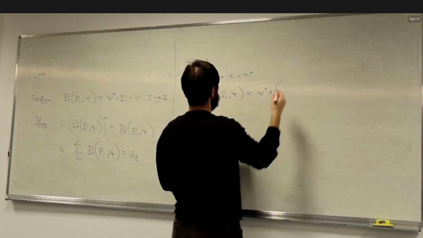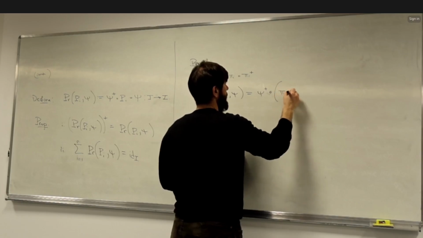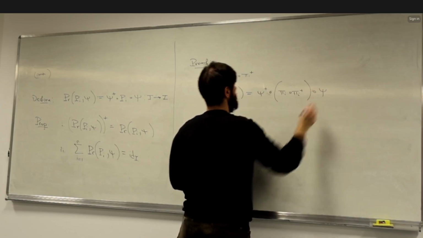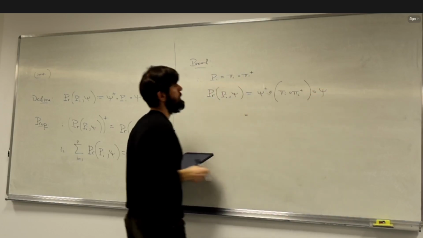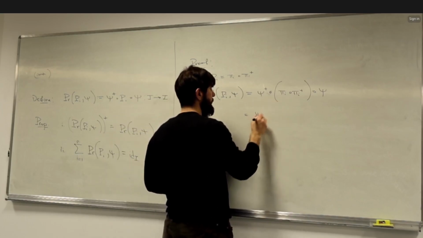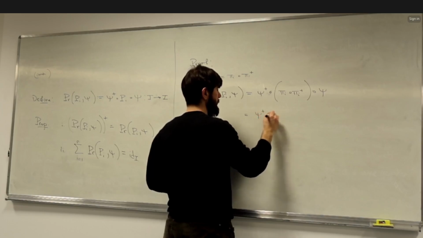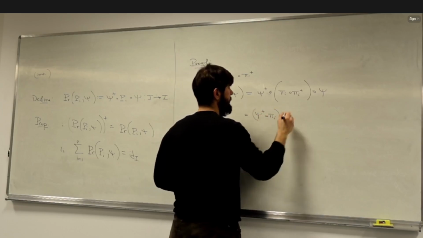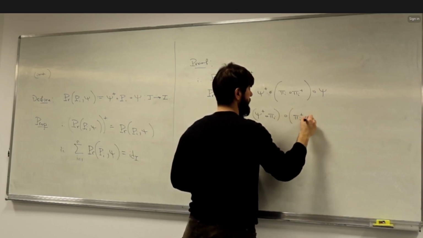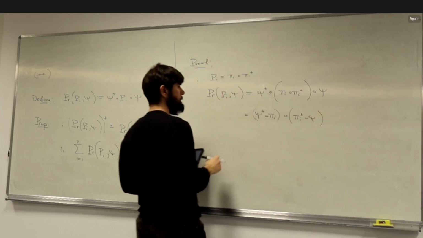I'm going to plug this in, pi I dagger psi. So when I look at this, I have psi dagger pi I and pi I dagger psi.